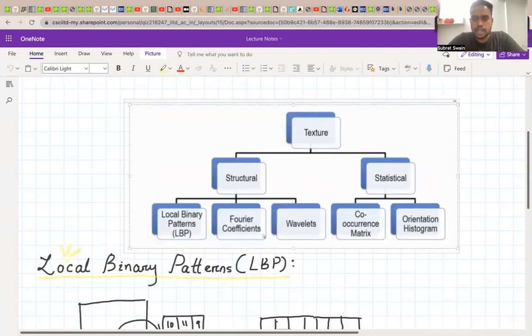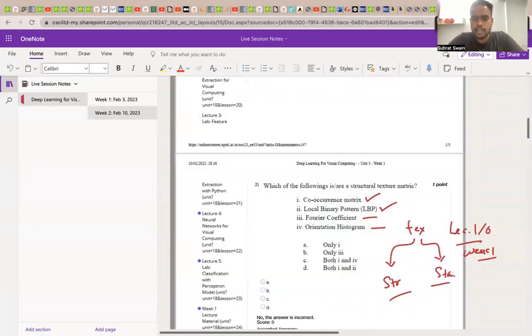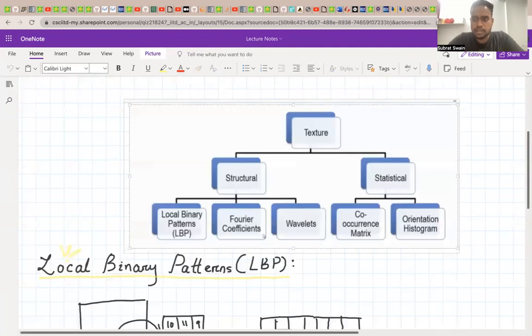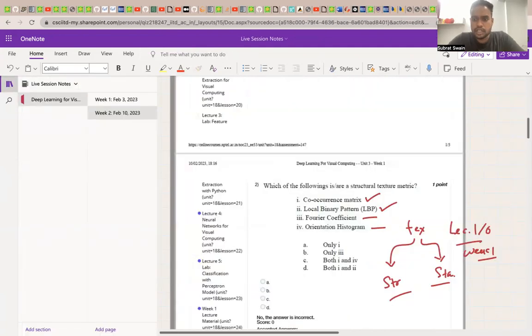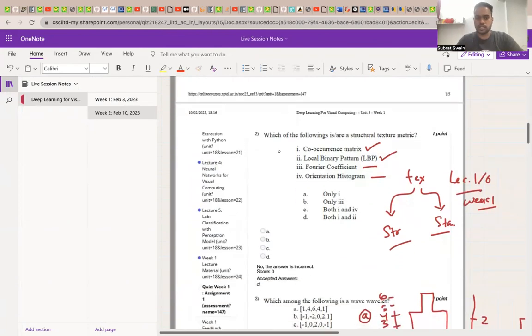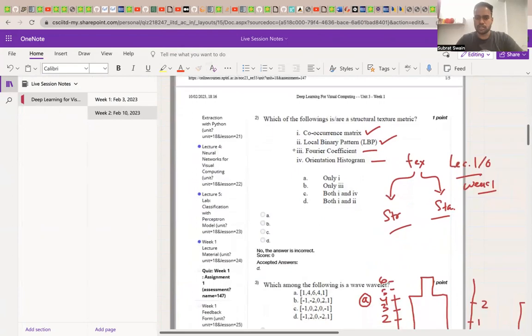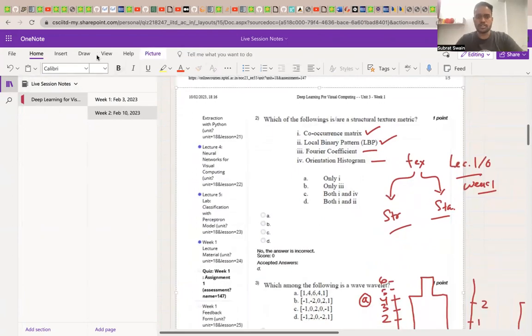And co-occurrence matrices are the statistical ones. So the options should have been not 1 and 2, it should be 3 and 2. The correct answer should be 3 and 2, but they haven't given it.